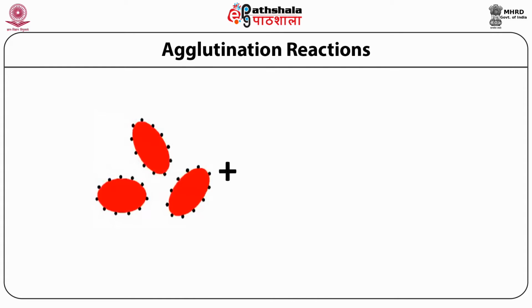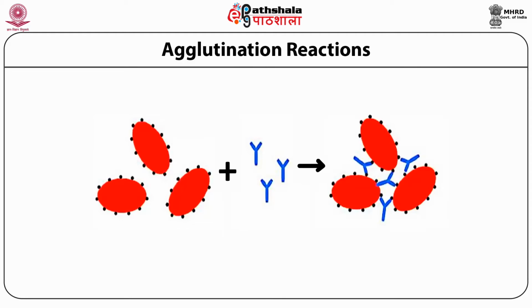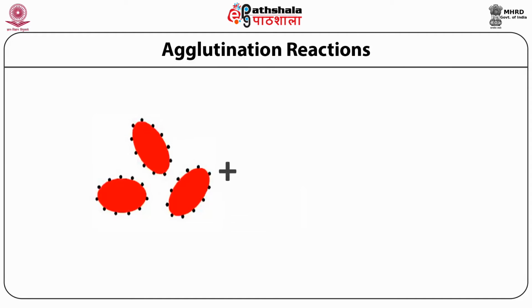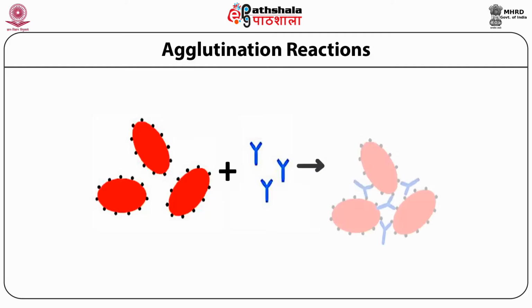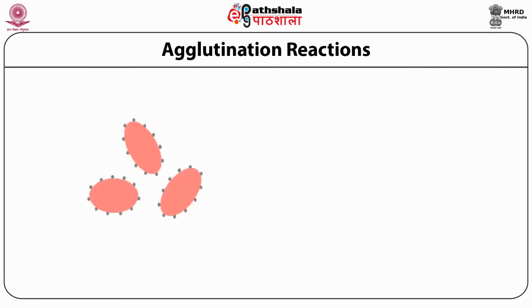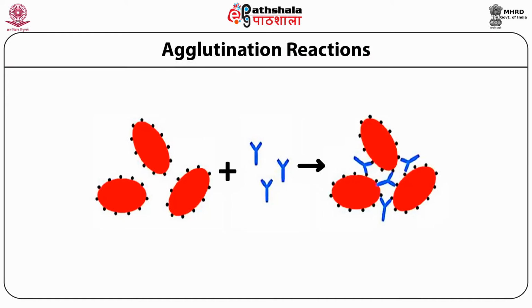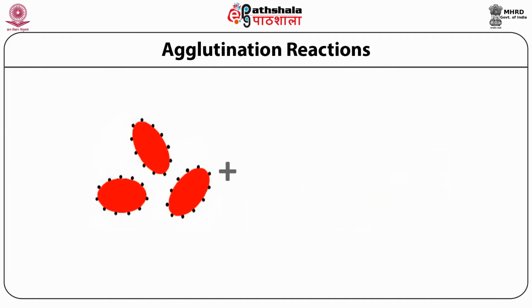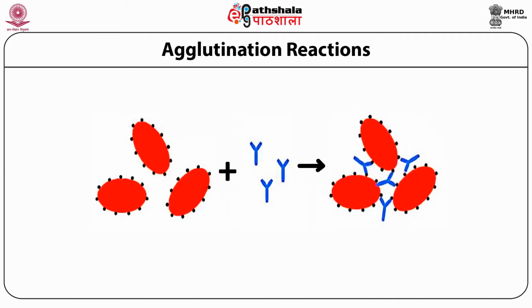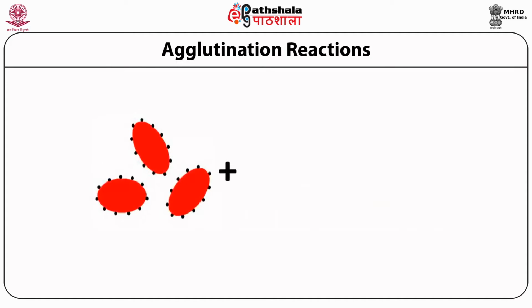The clump formation in these agglutination tests is the result of the agglutination of the antigen via cross-linking with the antibody molecules. So, the highest dilution at which agglutination or clump formation is observed is called the titer value.